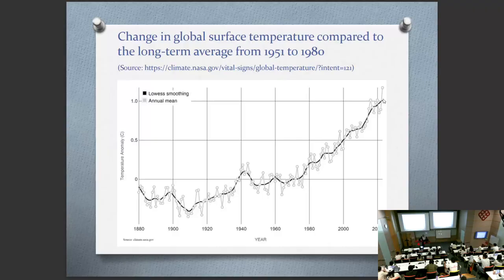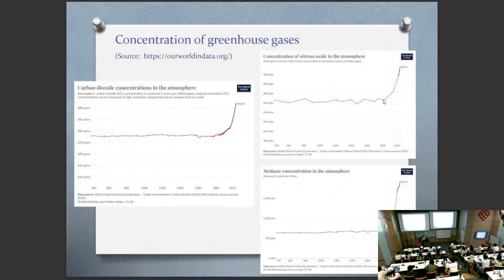According to the recommendation by the International Climate Organization, it is needed to keep the rise of temperature within 2 degrees. So now it's already 1.4, and we want to limit it to within 2 degrees. For greenhouse gases, it's not just about carbon dioxide.